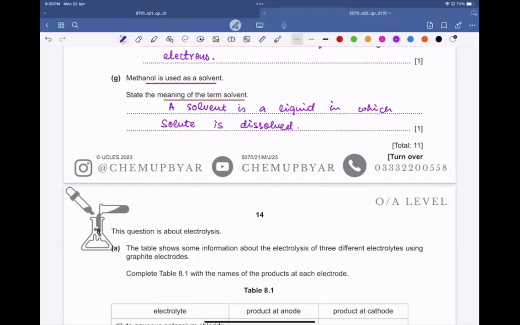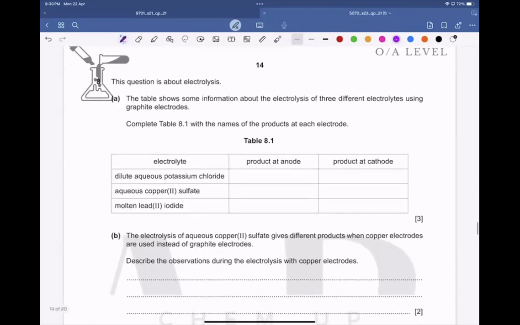Water is an example of a solvent, okay? They ask you the general term solvent. So a solvent can be anything in which if we add something and that something is dissolved in that liquid, then it's a solvent. Okay.